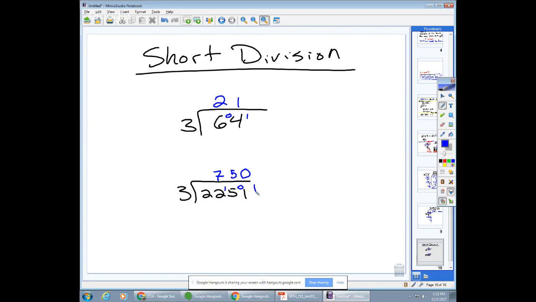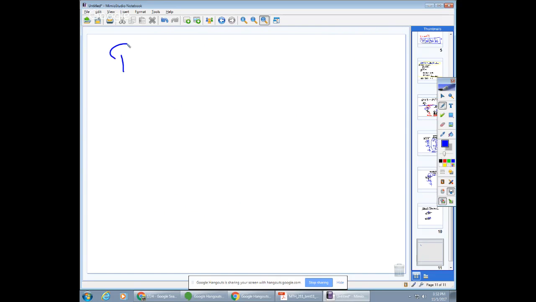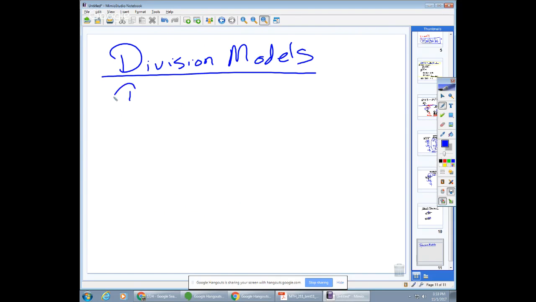All right, let's back up and talk about division models. We've covered a couple. And then we'll work some more activities. So the first model for division that we considered, the most common one, is the set model. That's the one I called the groups in model.